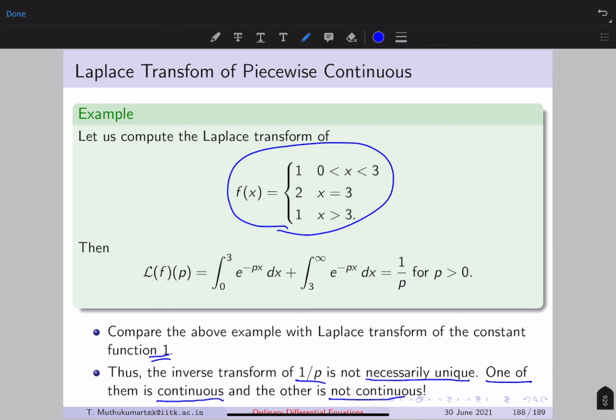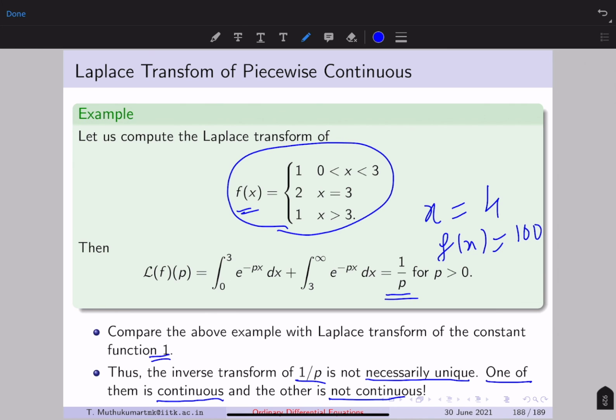In fact, I can find more. If I introduce a finite number of further discontinuities in this function, for instance, for x equal to, let's say, 4, f of x is again some value, 100, it doesn't matter. You keep doing this and the Laplace transform will still be 1 over p.